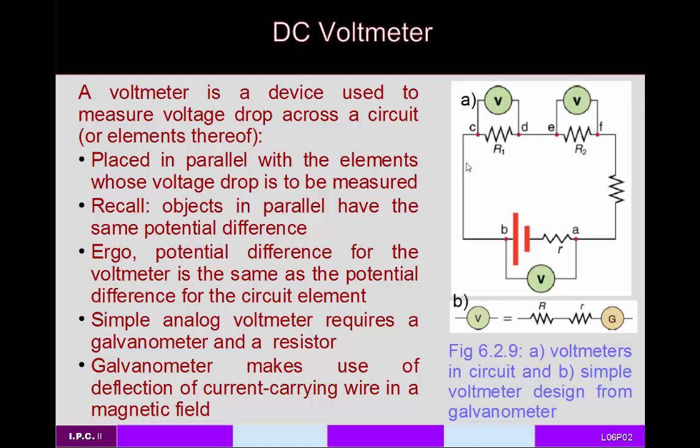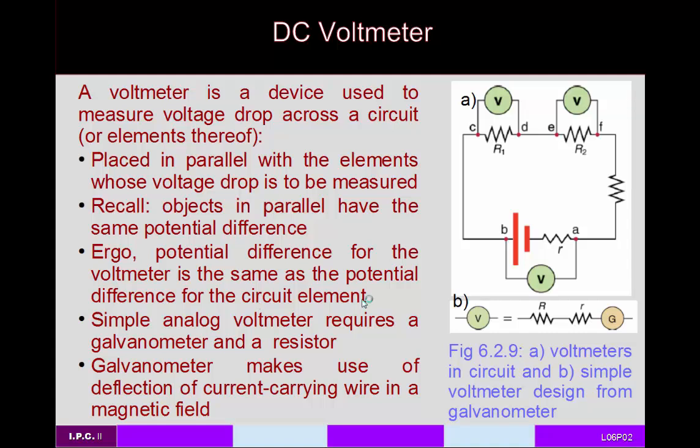So you pick a very large internal resistance for this voltmeter, which means the voltage drop for both is the same, but the voltmeter takes a very small amount of the current because it has a very large resistance compared to all the other resistors it is placed in parallel with.